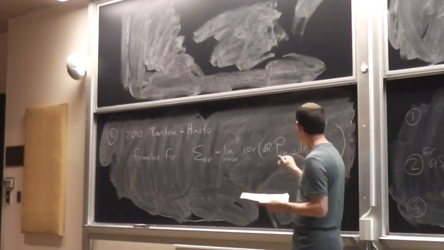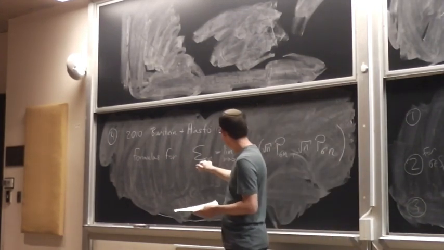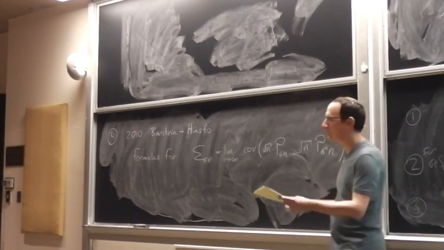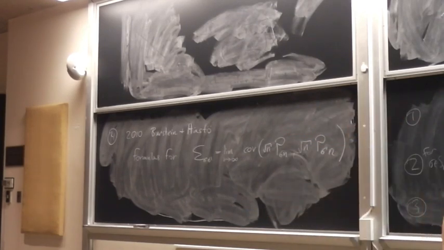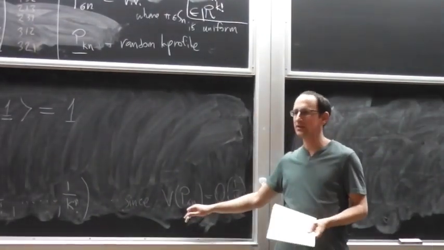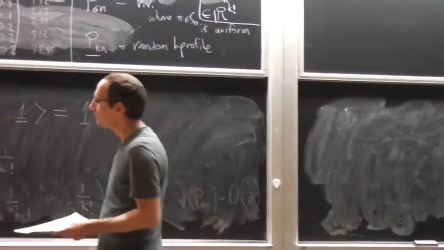So you take two densities of different patterns, and you ask what is the covariance between them. The variance is a special case when you take the same sigma twice.